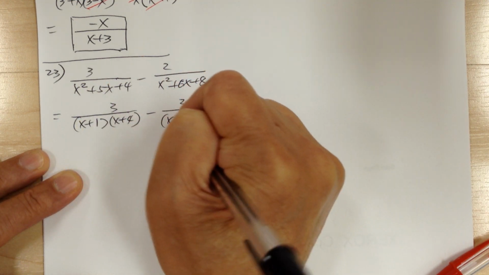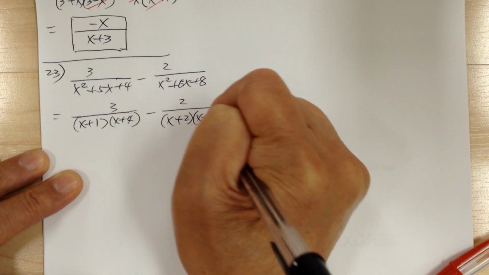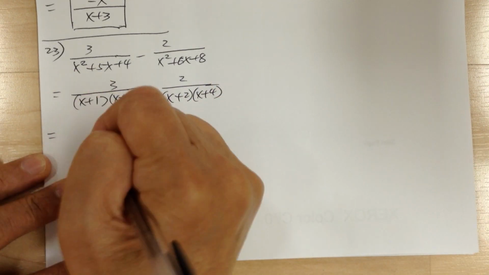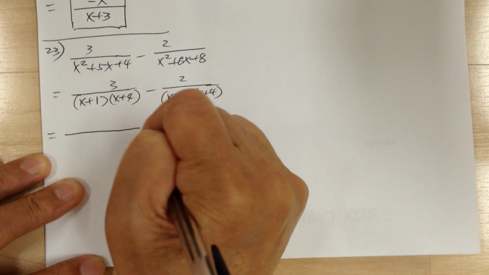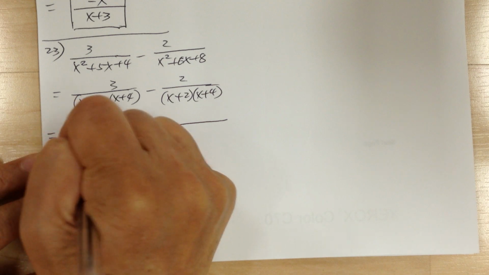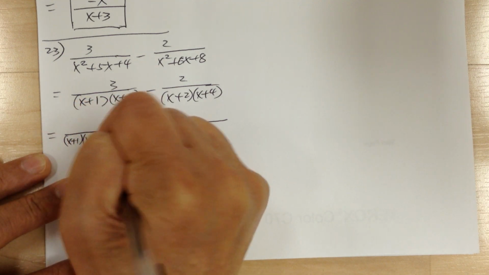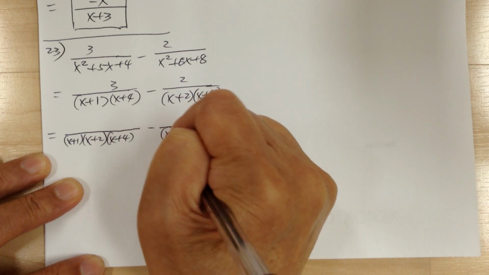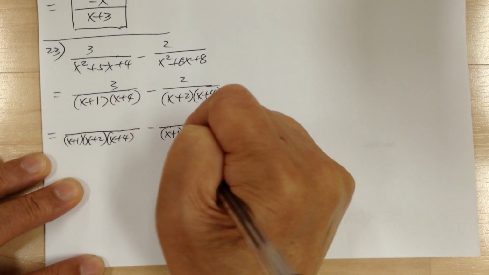This would be x plus 2, x plus 4. So your LCD is going to be x plus 1, x plus 2, x plus 4. Remember, when you add fractions, make sure you get your LCD ready.